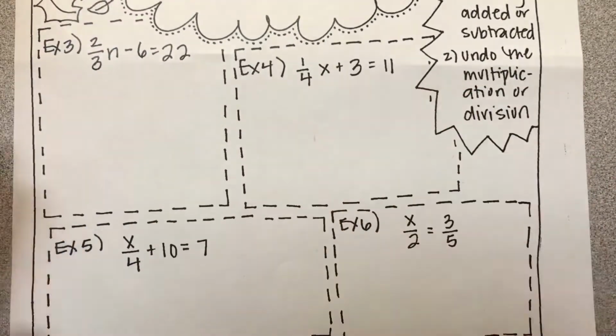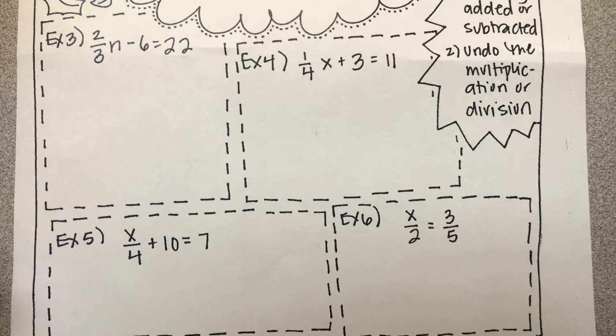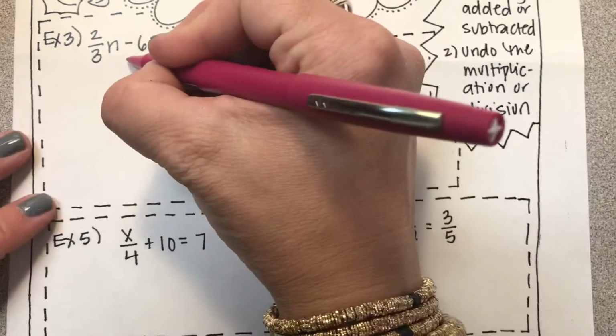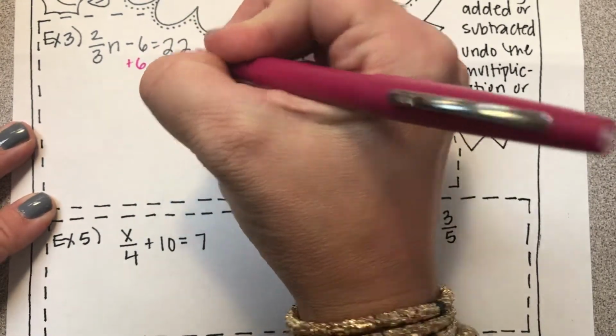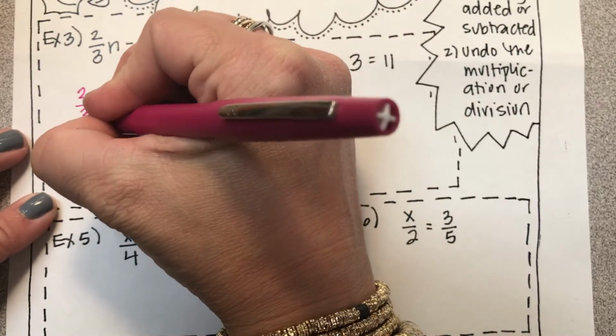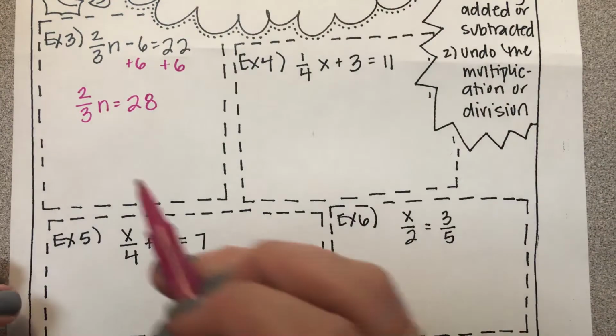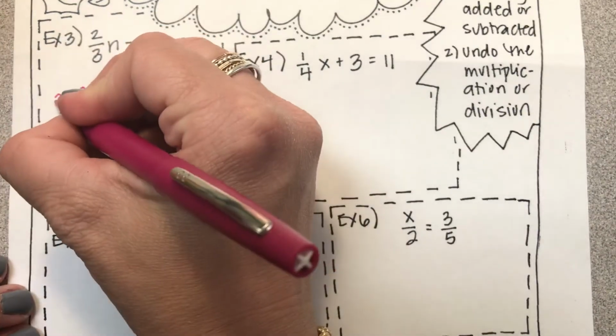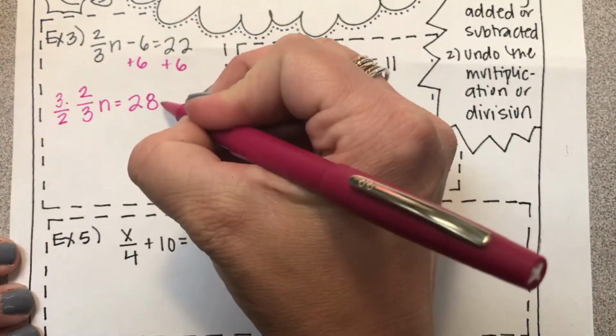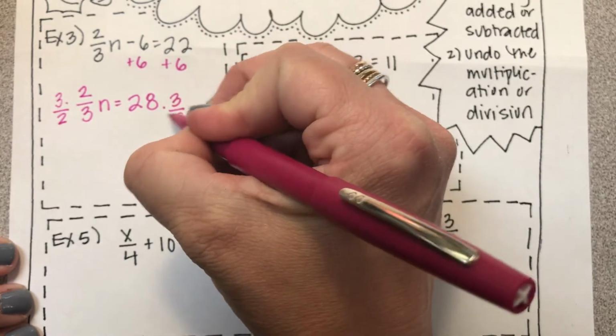Okay, number 3, this is a two-step equation, which we've done before, but now it's going to have a fraction. So we're going to add 6 to both sides. So now I have 2/3 n equals 28. Okay, but now what I need to do is multiply both sides by the reciprocal, by 3/2.